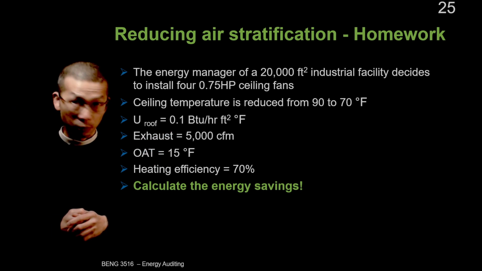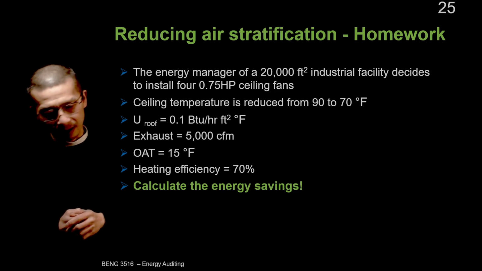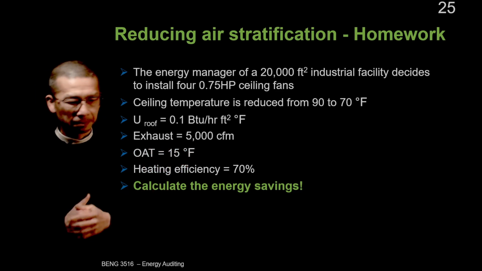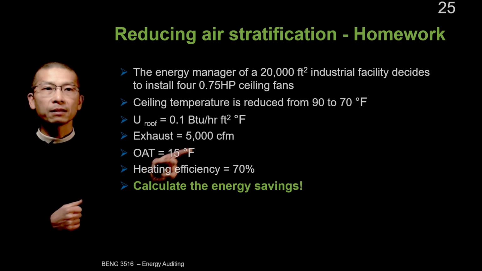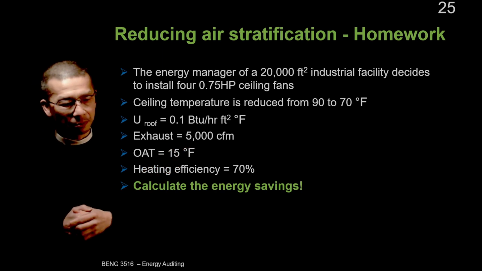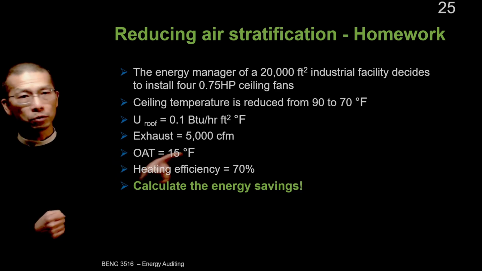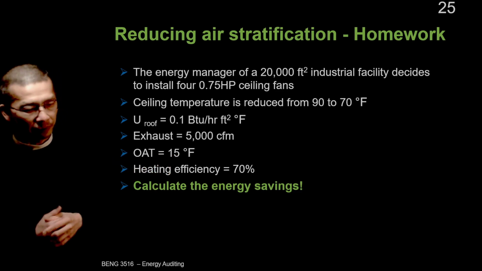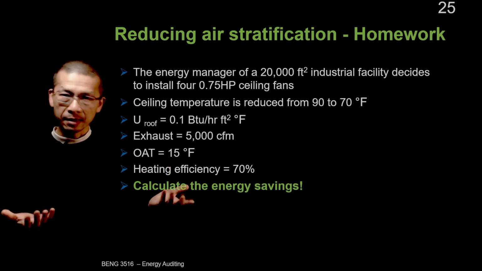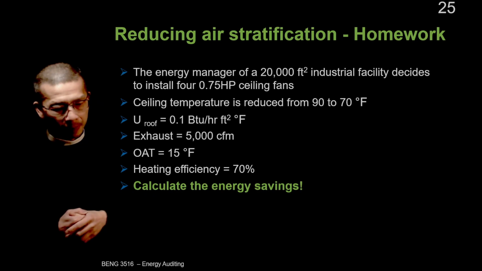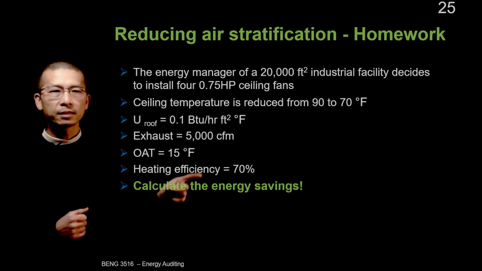So now that's R10, right? Not great, but exhaust 5,000 cubic feet per minute. OAT is outdoor air temperature, so use an outdoor air temperature of 15 degrees Fahrenheit. Again, that's winter time. Heating efficiency 70%.